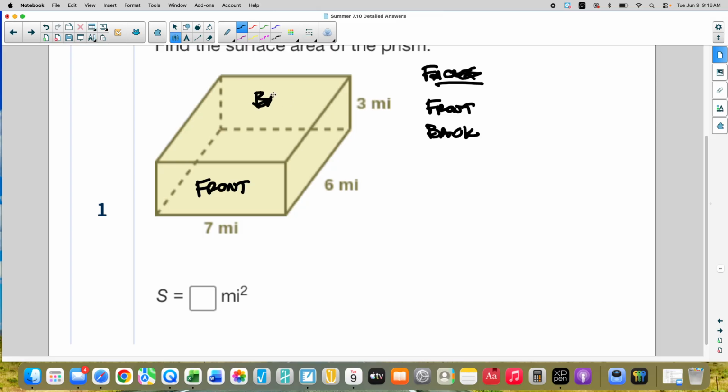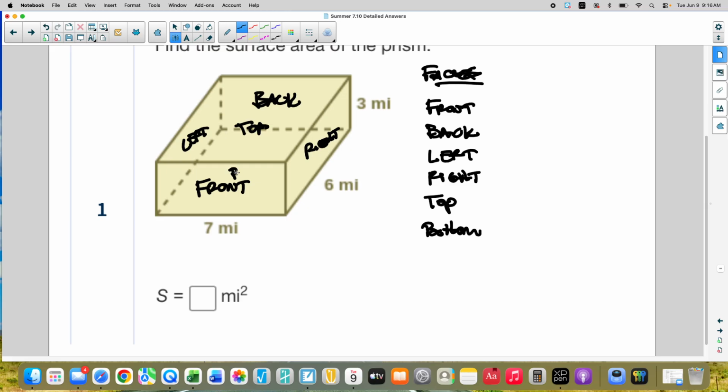You have the left, which is over here, and the right, which is identical to the left. And then you have the top, which is up here, and the bottom, which is down here. These are identical, these are identical, and these are identical.